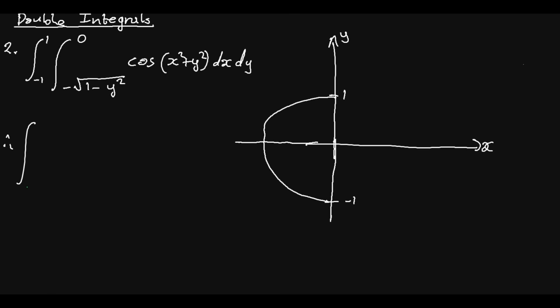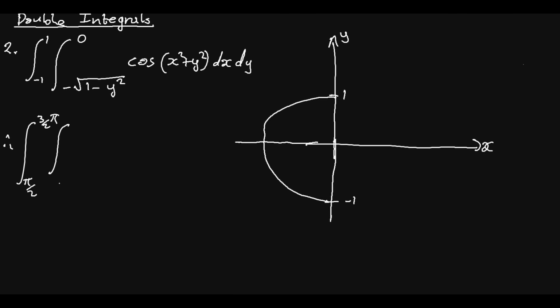So the region is from pi over 2 up to the last time we see the region, which is 3 over 2 pi.